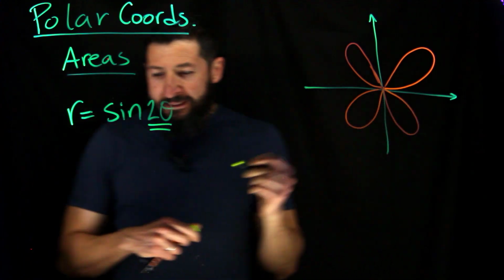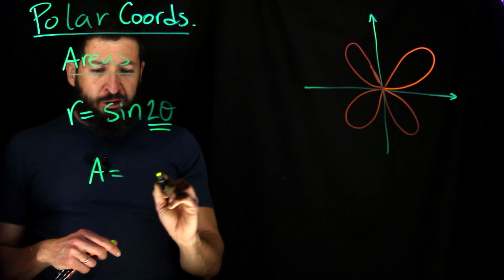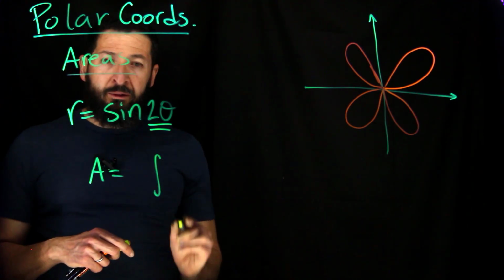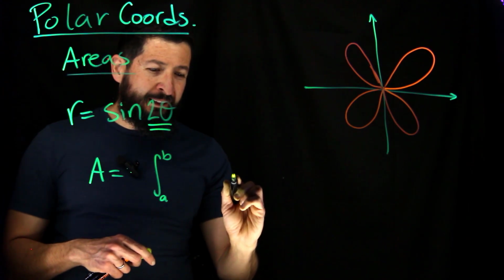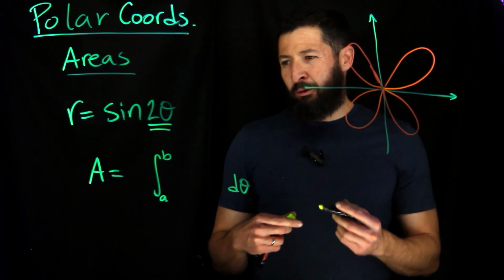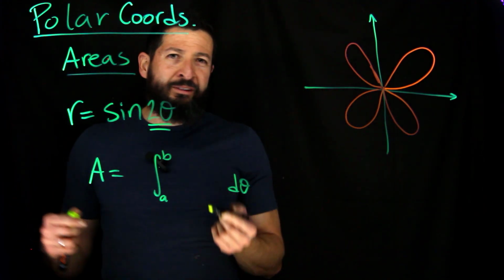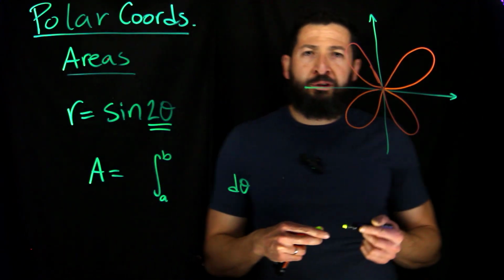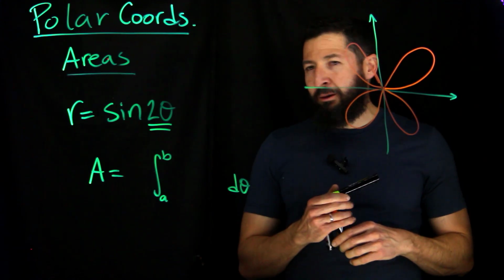So ideally, my area should be something like an integral from a to b of something that has a d theta, because then I would get some sort of multiple of sine of 2 theta, something that depends on it, right? So we have to figure out how to do it.